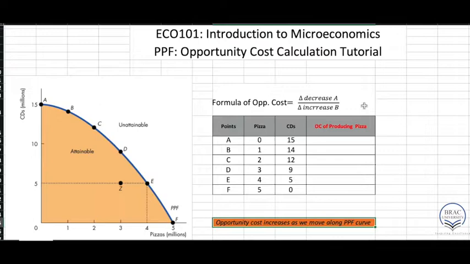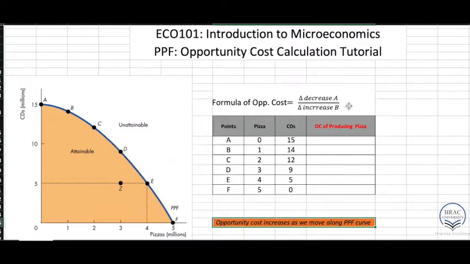As you can see, the formula of opportunity cost is given here for you, and it is quite a simple formula. Simply, it is dividing the change in decrease of product A by the change in increase of product B. Because as you know, when we move along the PPF curve, one product increases and the other product decreases.